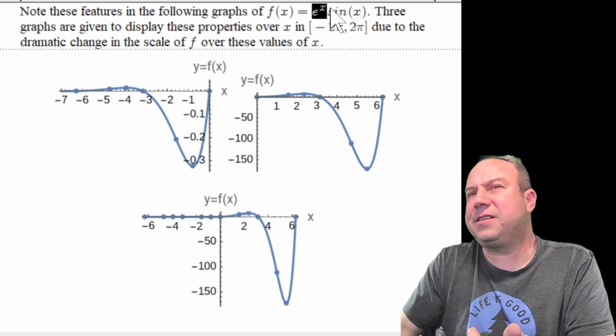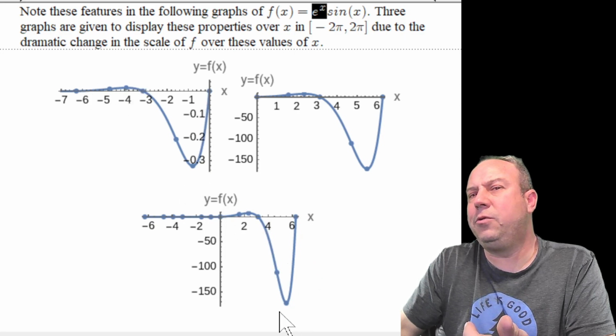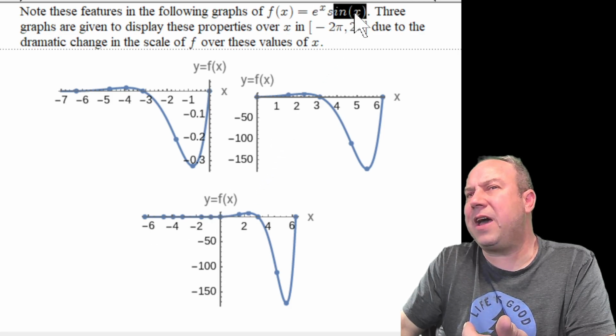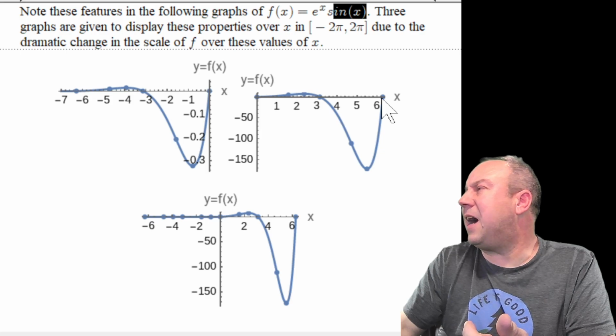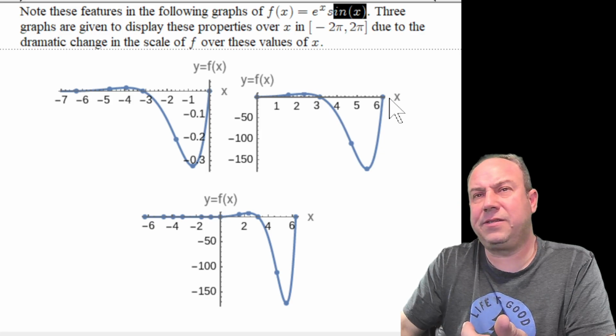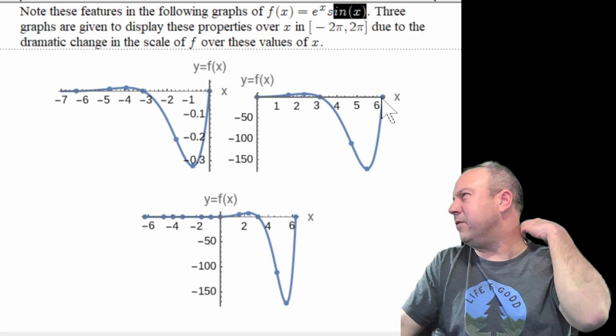That e to the x as a factor is what's causing the left and the right half to not exhibit the exact same scale, but the sine of x is creating the exact same pattern, right, in either of those two periods. And that's some interesting behavior to note here.